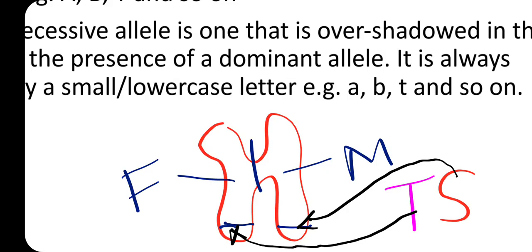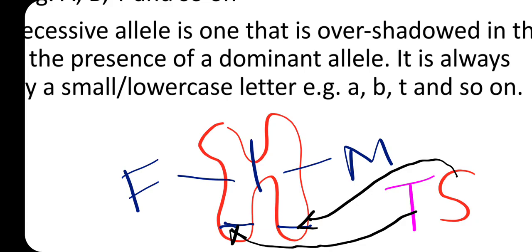I'll repeat: we've got two letters because an offspring will inherit two genes for one characteristic. When you say offspring, we're talking about the child.